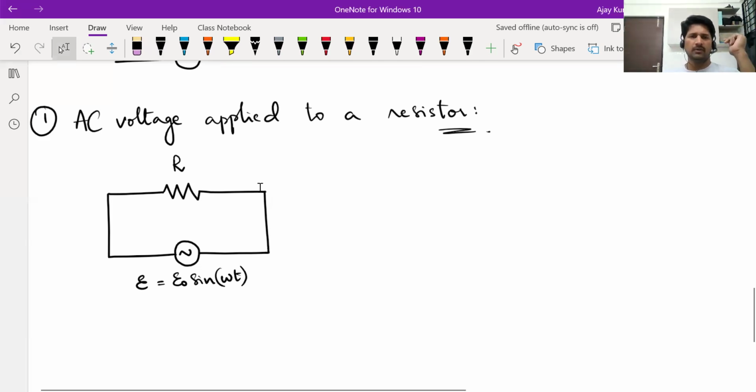Generally, what happens when you apply potential difference across a resistor? If you apply voltage to a resistor, or connect a resistor to the terminals of a battery, what will happen?